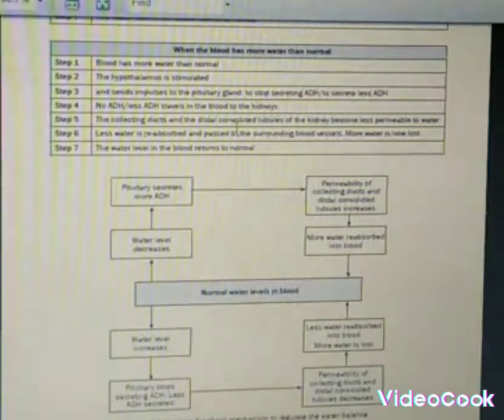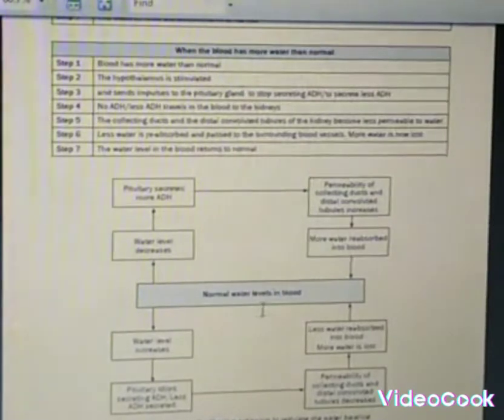The collecting ducts and the distal convoluted tubules are not going to be permeable to water. They will not allow any water to be reabsorbed, meaning all the water is going to be passed into our urine. Less water, or no water at all, is going to be absorbed back into your blood vessels, and more water is going to be lost. As you are losing that water, it's going to return to the normal level. Once it gets to the normal level, then we are good to go.